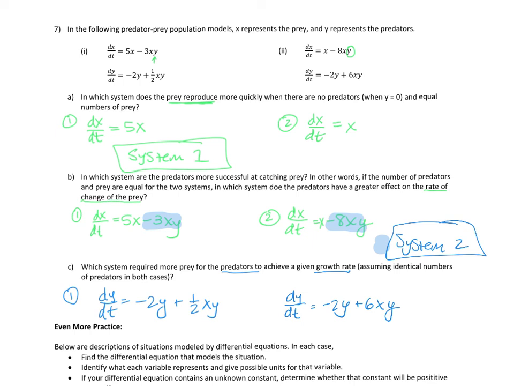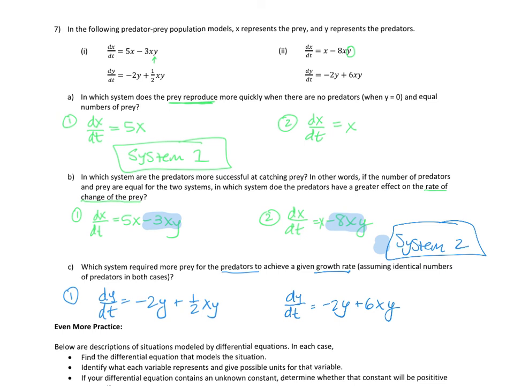Okay, so they both have the same constant of proportionality, ignoring the interaction term. So they're both dy/dt equals -2y. And then the interaction term tells you how the rate of change changes based on interaction with prey. So in the first system, we have 1/2 xy.